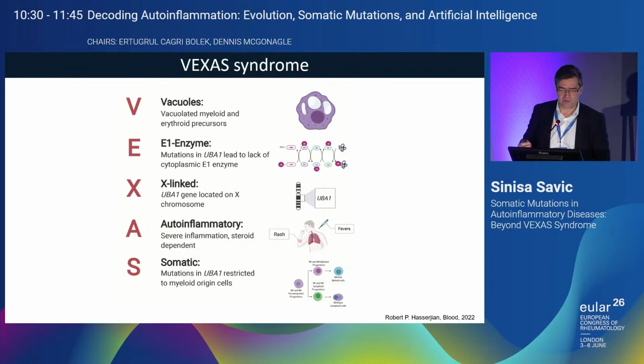It stands for vacuoles, because this is a typical appearance of the mutated cells within the bone marrow; E1 enzyme, which is the function of the gene affected; X-linked, because the UBA1 gene is on the X chromosome; A for autoinflammatory, because patients present with autoinflammatory symptoms; and S for somatic, because it's an acquired phenomenon. This condition largely affects elderly men because the gene is on the X chromosome.